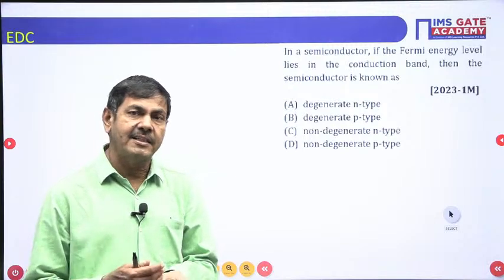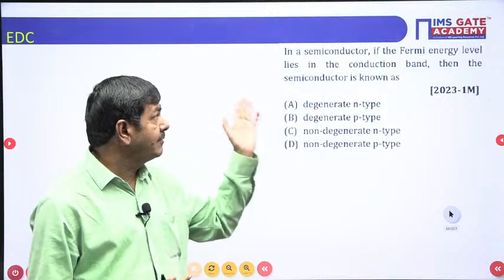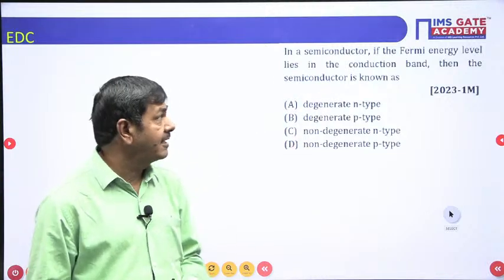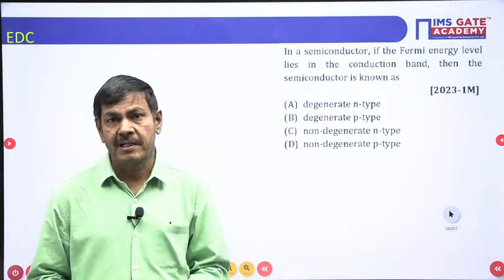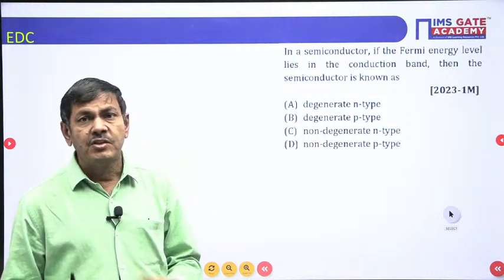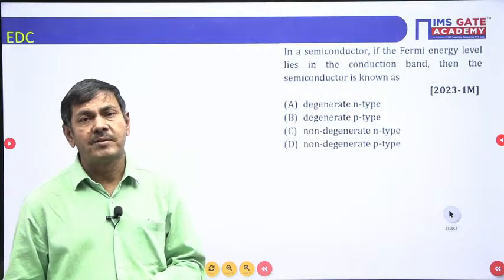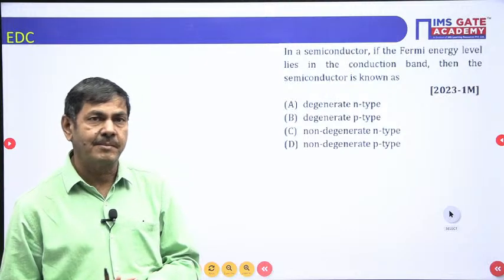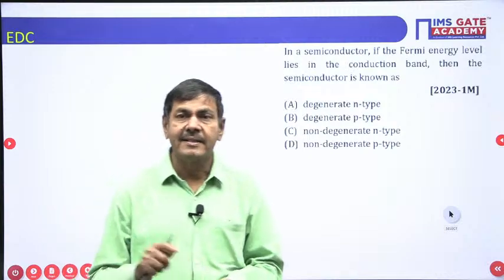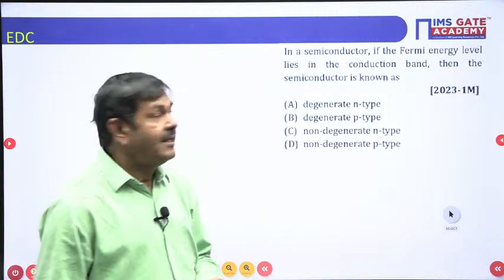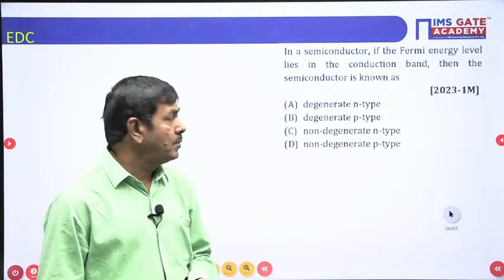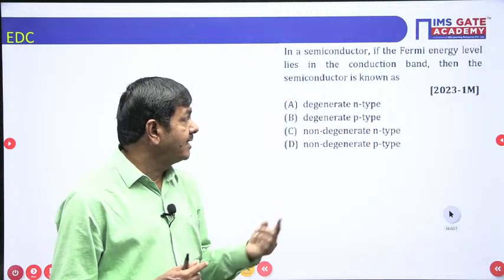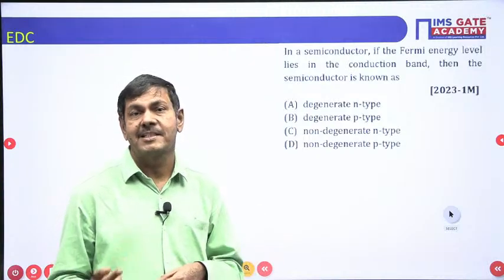Lying in the conduction band means we say it is a degenerate N-type extrinsic semiconductor. In case you heavily dope an intrinsic semiconductor with trivalent atoms, that is said to be a degenerate P-type extrinsic semiconductor.